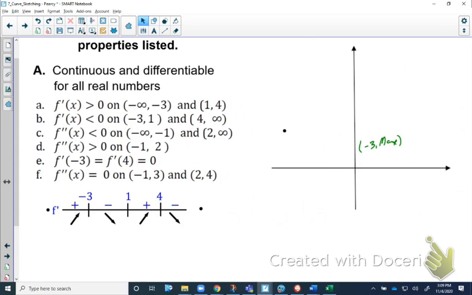Now, part C says the second derivative is going to give us something that is negative on the interval negative infinity to negative 1 and between 2 and infinity. And that kind of makes sense with what we're seeing here, even though I haven't done the second derivative's candidates test here.